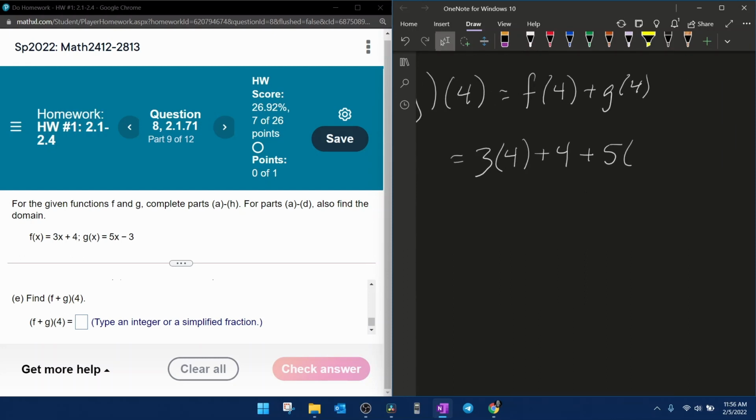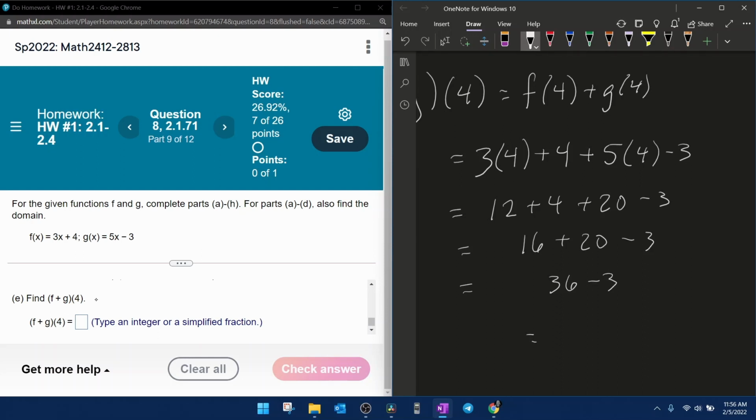So 3 times 4 plus 4 plus 5 times 4 minus 3 is going to give us 12 plus 4 plus 20 minus 3. 12 and 4 is 16. 16 and 20 is 36. Minus 3 is 33.